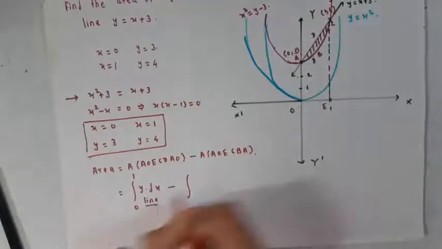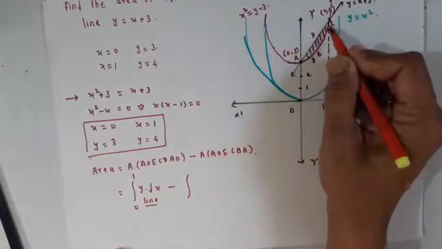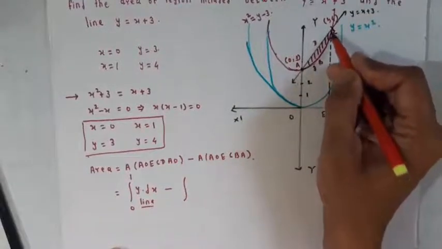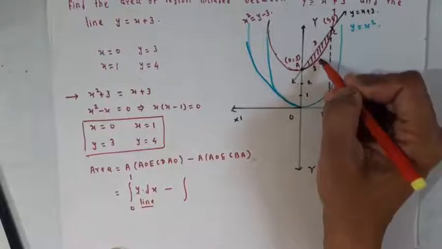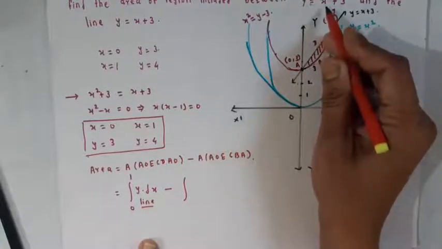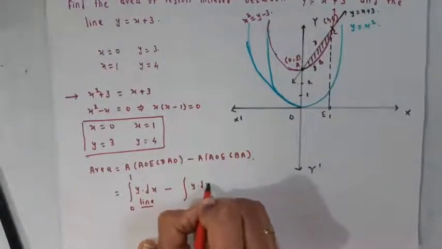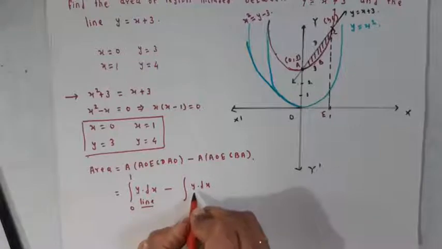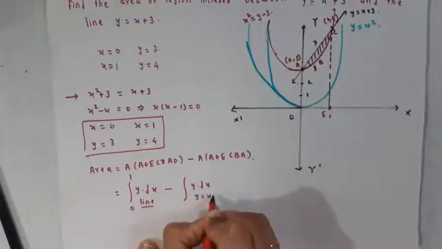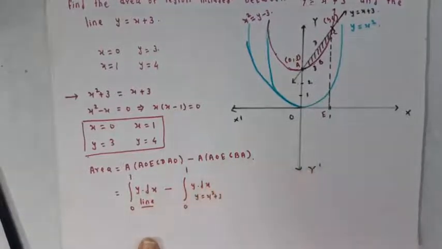Remember students, this is the area due to the parabolic curve, the pink portion, that is also the integral of y dx for the parabola y equal to x square plus 3, with limits of integration 0 to 1.